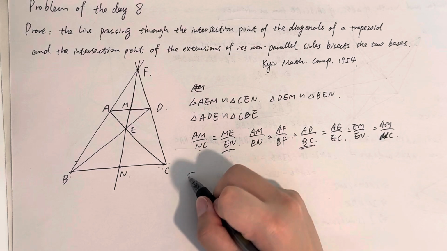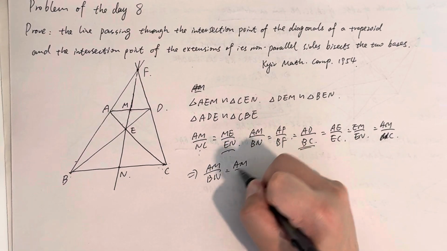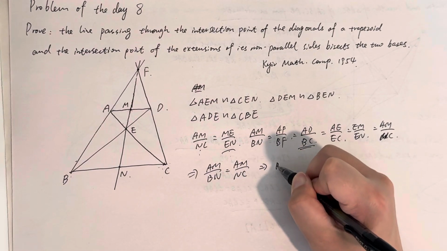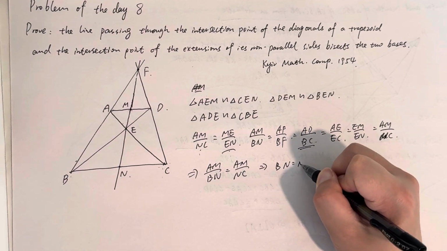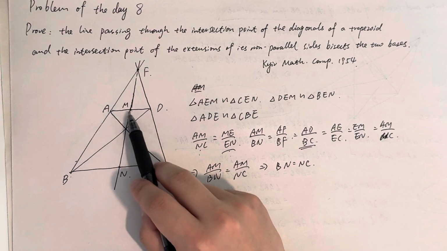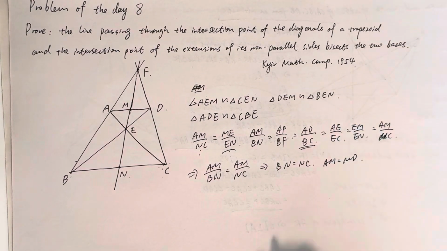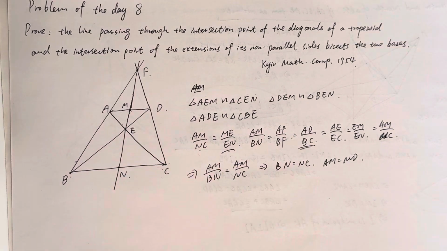Which means AM to BN equals AM to NC. So we got BN equals NC. And because BN equals NC, we directly get that AM equals MD. So M and N are the midpoints of AD and BC respectively.